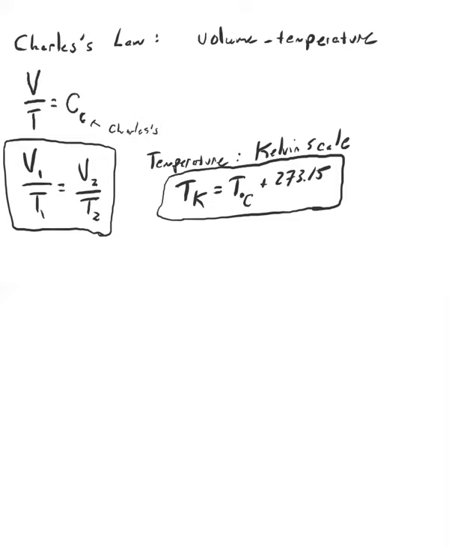That's a possible temperature, right? Air doesn't freeze at 0 degrees Celsius. Air is still a gas at the freezing point of water. But if you put 0 in for your temperature, you're going to get an undefined answer, right? If the initial temperature is 0, V divided by 0 is undefined. There's no result.